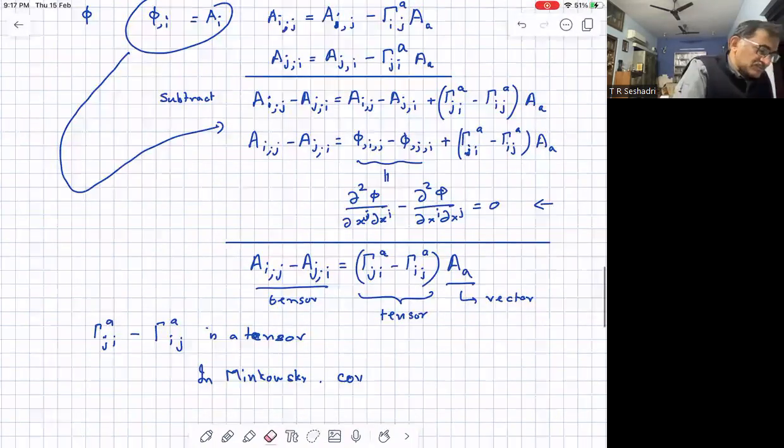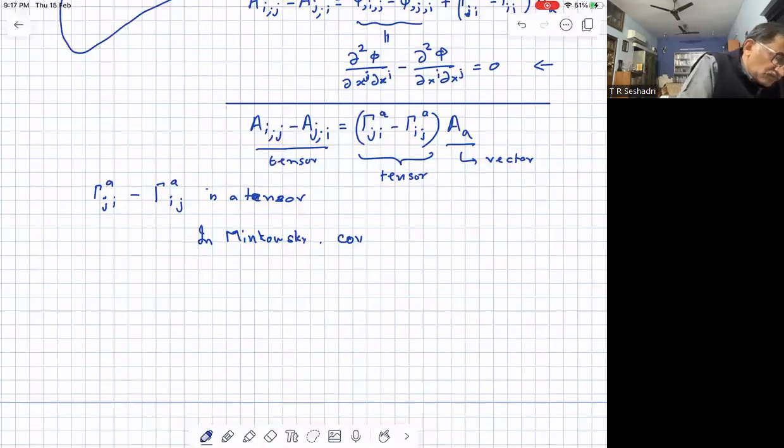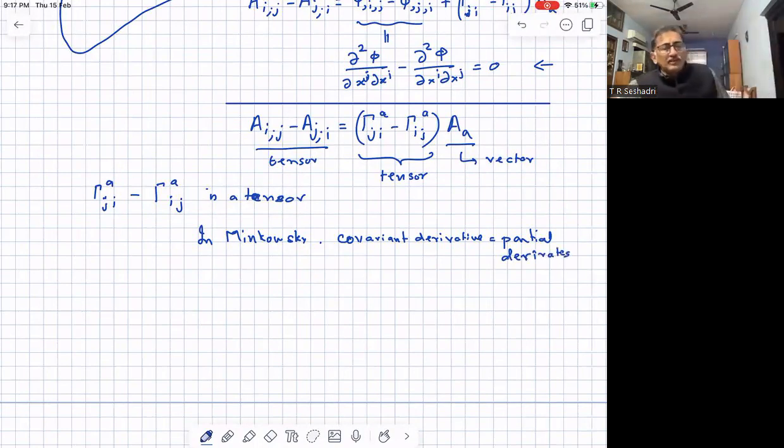Now, in Minkowski, we know that the covariant derivative is equal to the partial derivative. Why? Because the difference between them is purely because of the coordinate artifact, because the coordinate system is not rectilinear.